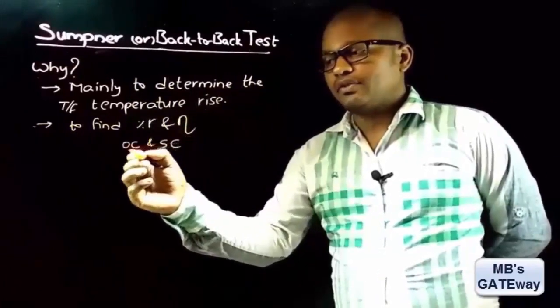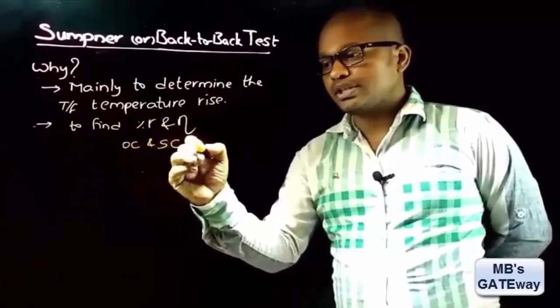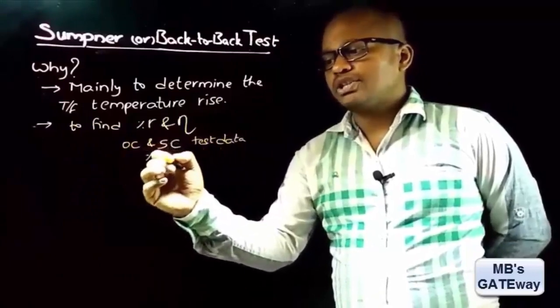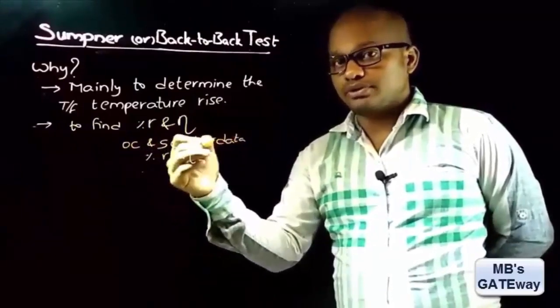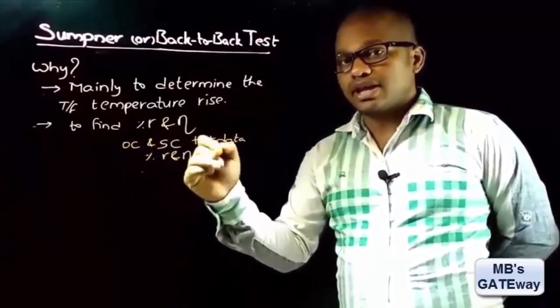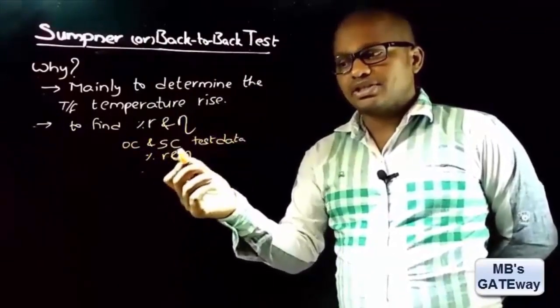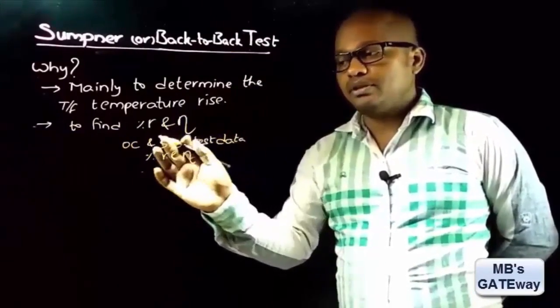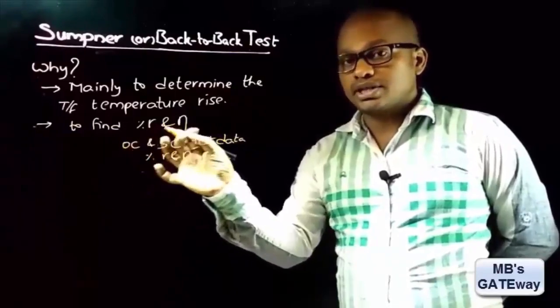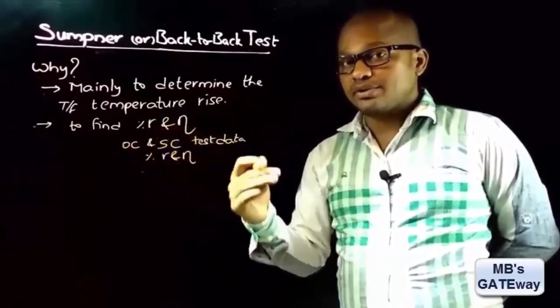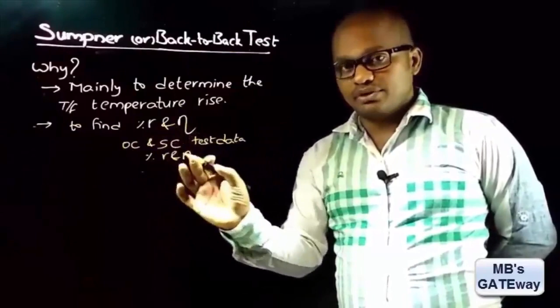And it is studied that from the open circuit test and short circuit test data, percentage regulation and efficiency can be found, but the results obtained are not accurate. And why percentage regulation and efficiency obtained from the test data of open circuit test and short circuit test is not accurate means, let's discuss in brief.